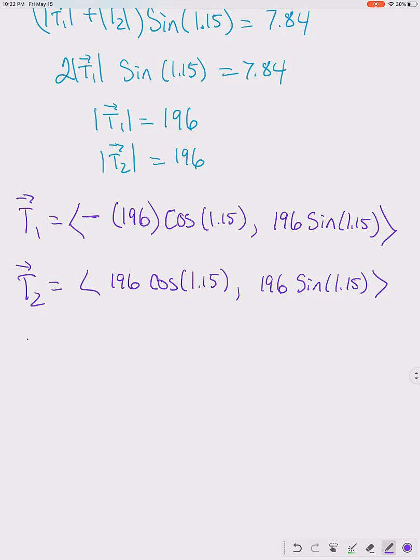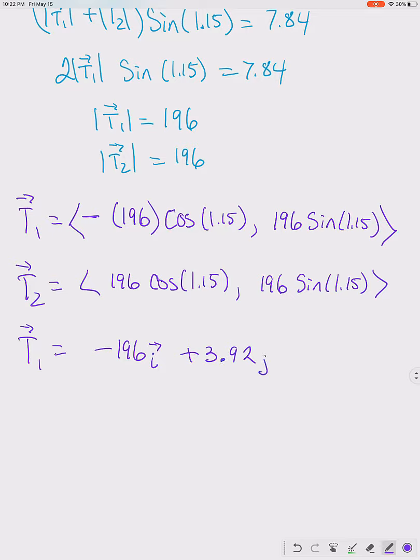And when I do that, I get T1 is equal to, so negative 196 times the cosine of 1.15 is negative 196. And that's in the I direction. And 196 times the sine of 1.15 is 3.92-ish.